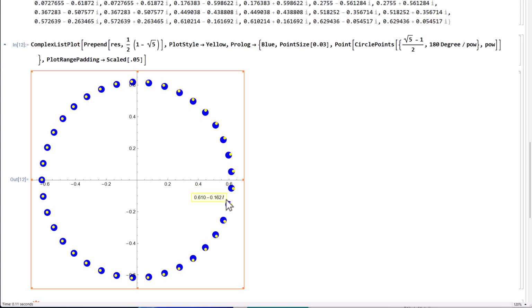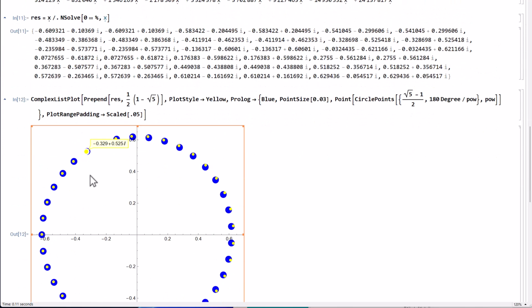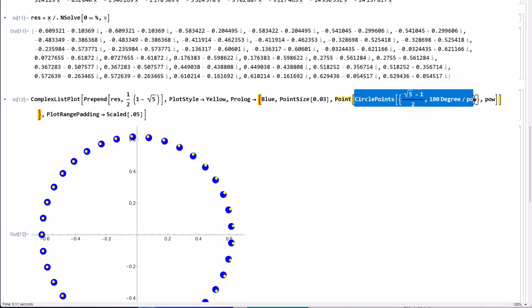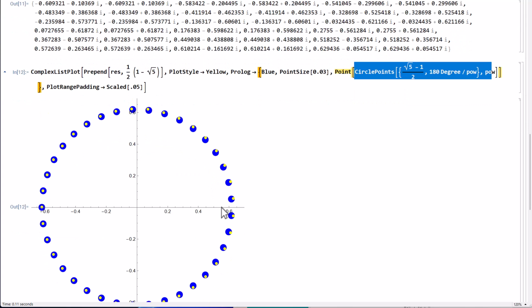Because what I expect is, as the power goes higher and higher, these yellow dots will overlay the points that I preset. So instead of blocking your view, I just make these preset points much larger so that they can work as the background for all the roots.